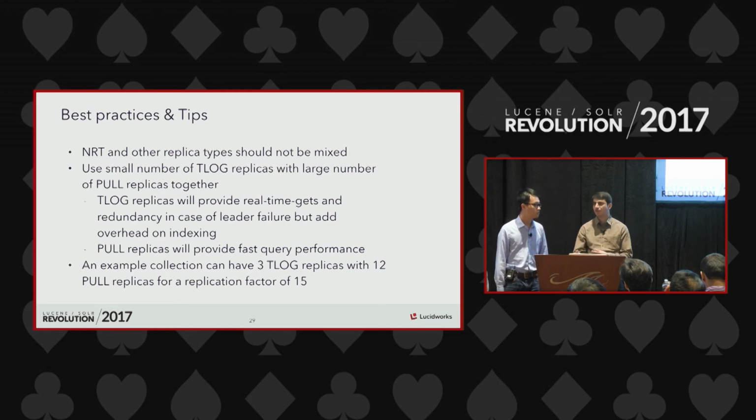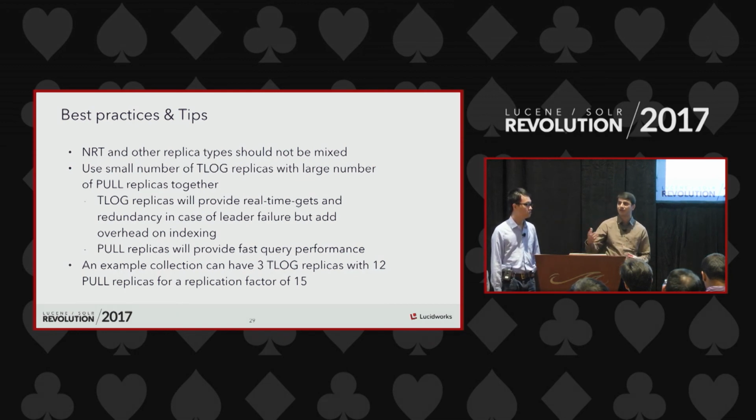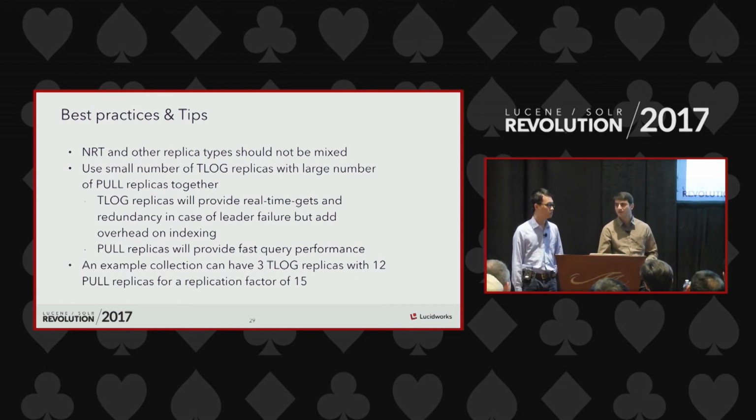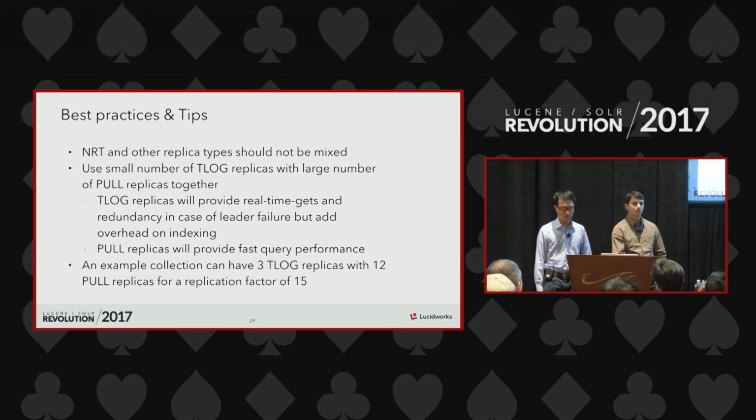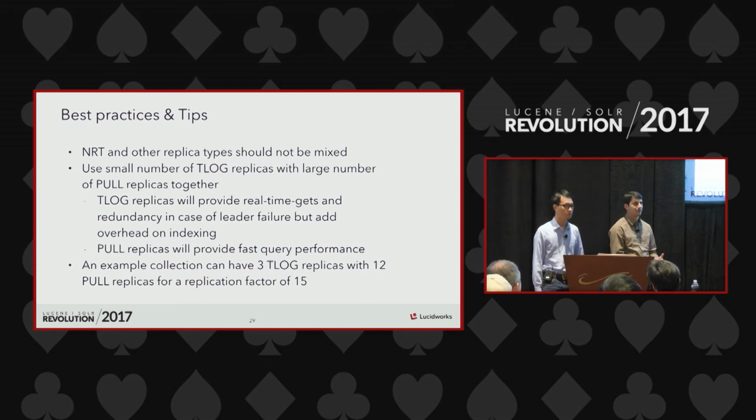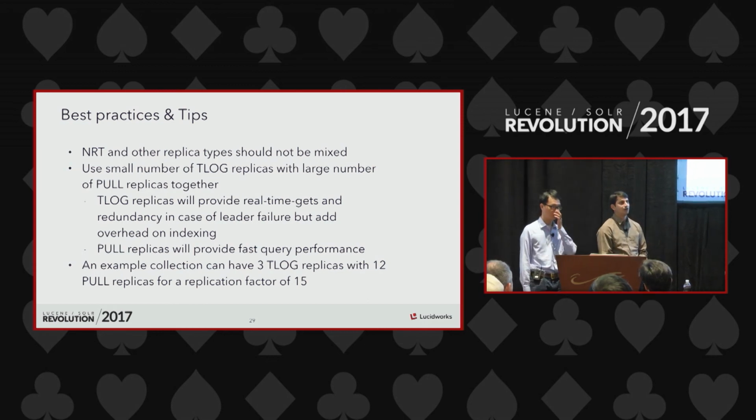The JMX or the metrics API metrics are going to be different across them. So the metric property names are going to be the same. They're not going to be different, but there are obviously some metrics which are never going to get used. For example, soft commit counts and stuff like that is just never going to be incremented on the T-log or pull replicas.